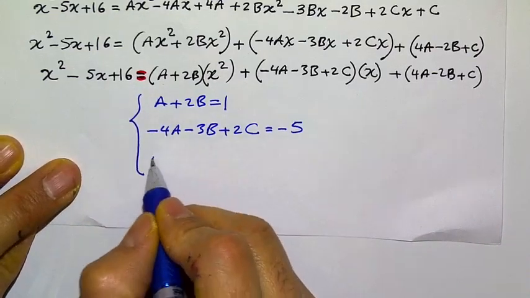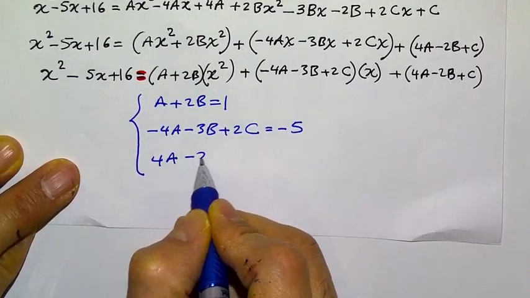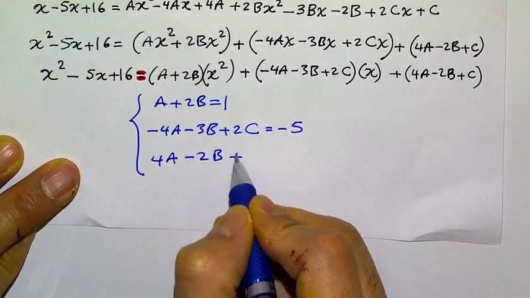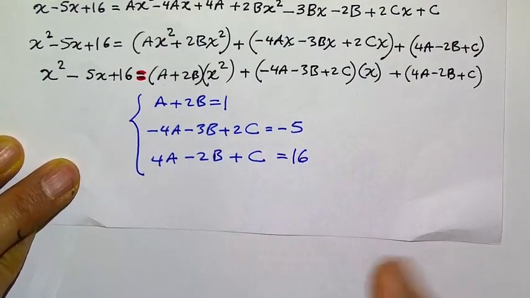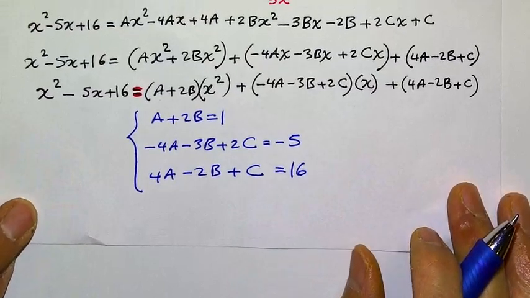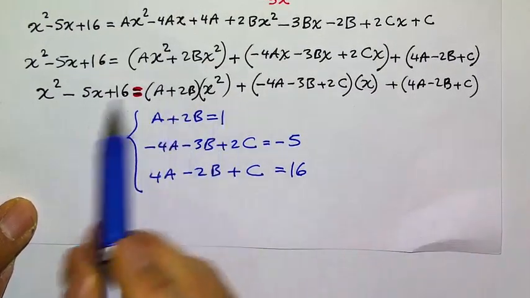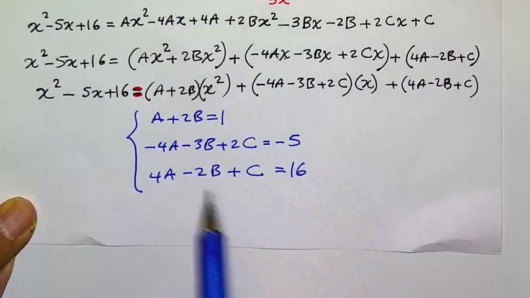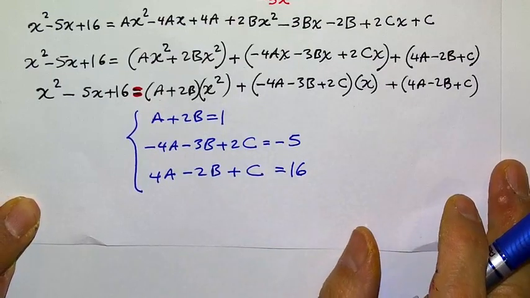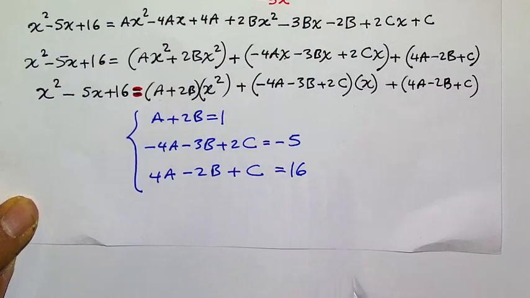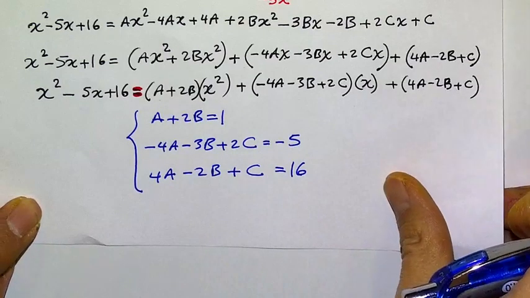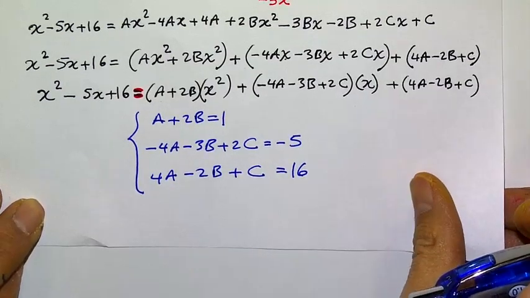So let's write that down. 4a minus 2b plus c must be equal to 16. Okay? This transition from detailed work to big picture is very important. This is critical. If you don't follow from here to here, you must ask questions, either in class or during my office hours, please.